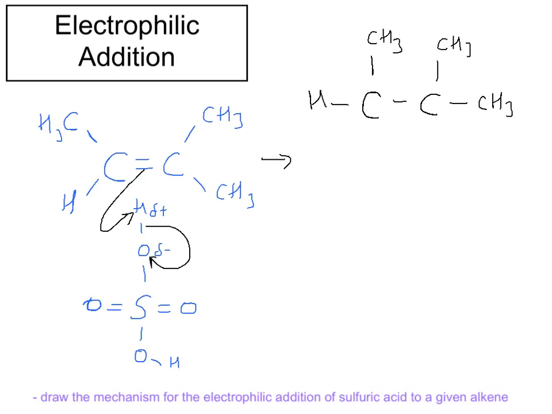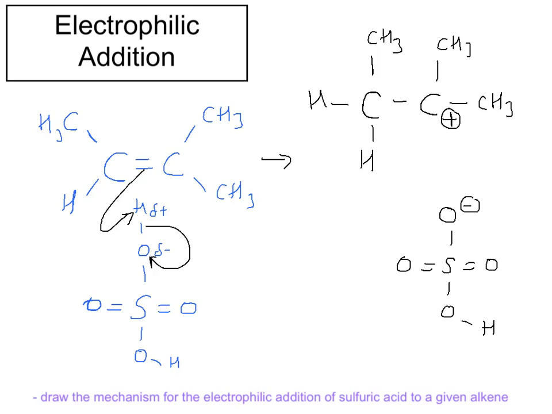You can see the right-hand carbon has two methyl groups attached to it, the left-hand carbon has a methyl group and a hydrogen attached to it, so this side will be more stable as a positive charge. The positive charge goes there, and the hydrogen will go here. The rest of the sulfuric acid that's left behind, I would always draw all the bonds because it's far easier than, as it says in your textbook, a structural formula, if you like, of what's left behind.